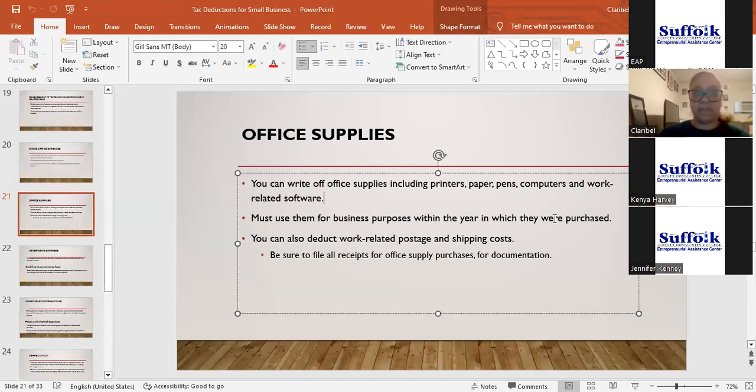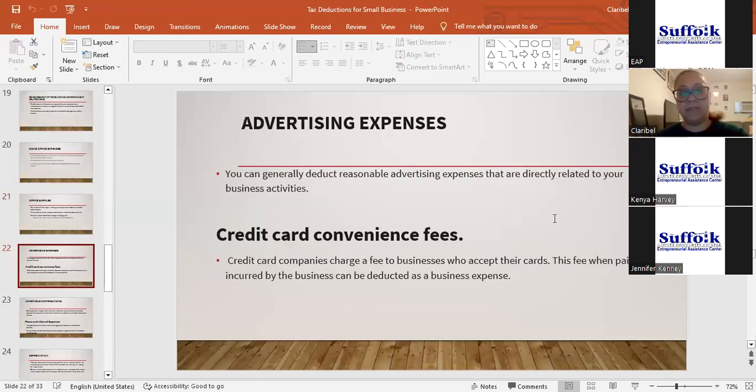Advertising expense, you can generally deduct reasonable advertising expenses that are directly related to your business. So any ads that you take in the paper, radio, if you advertise on social media, you have to pay, that's deductible.